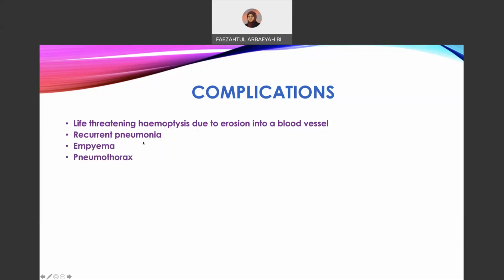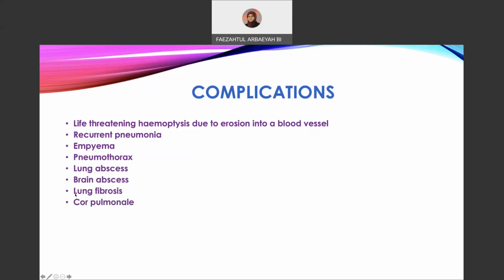Also we need to monitor the overall condition of the patient, such as the oxygen level. Patients can also have emphysema, pneumothorax, lung abscess, brain abscess. But with the advance of more sensitive and accurate antibiotics, these conditions are now less common compared to 20, 30 odd years ago.